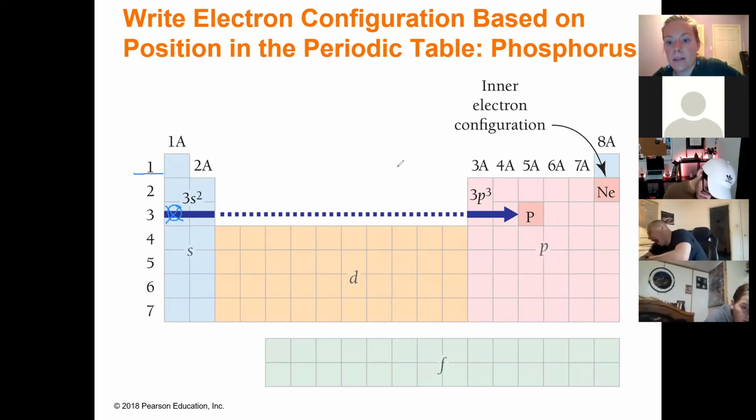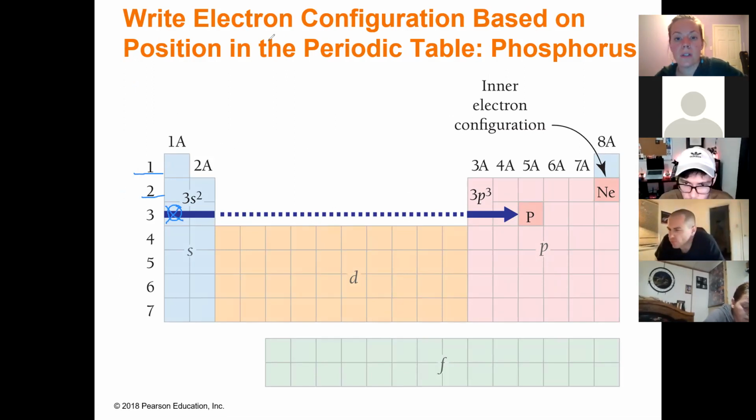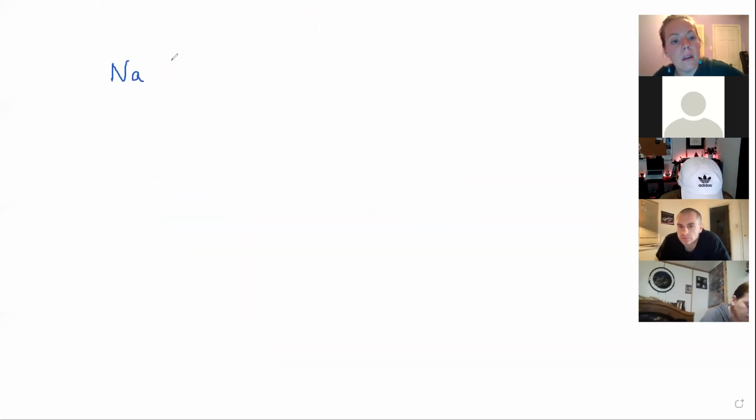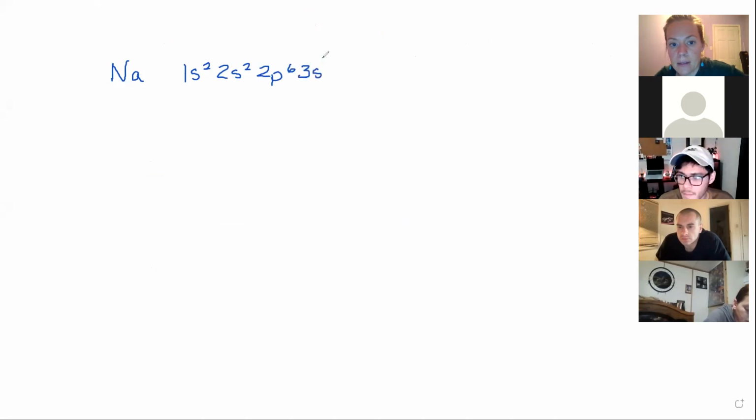I need to fill the 1s first, and then the 2s, and then the 2p, and then some of the 3s. So your configuration hopefully looked something like this: 1s2, 2s2, 2p6, 3s1.